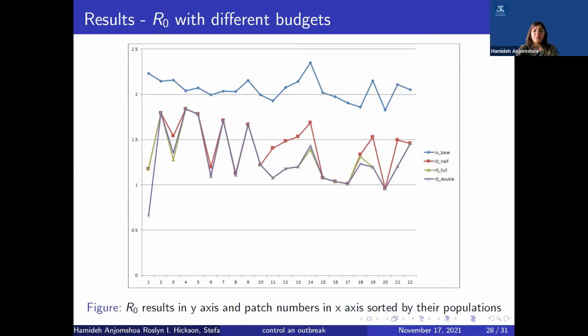Some of them didn't make a big difference, and some are still not under 1. If you remember, we had the constraint to be 0.9.